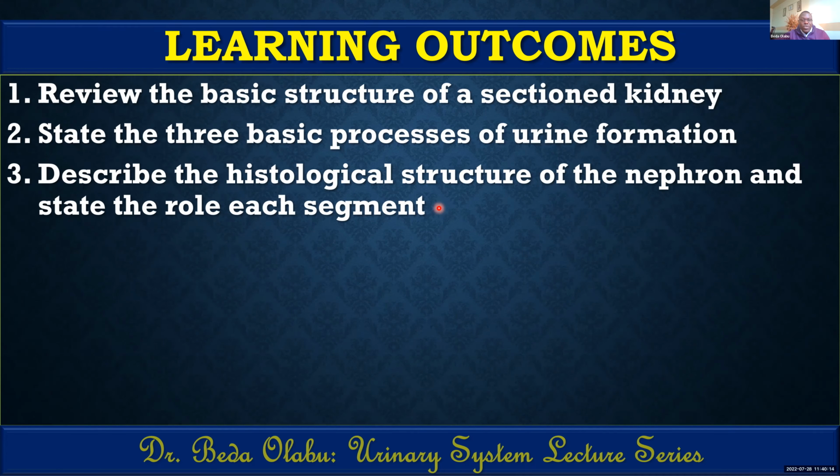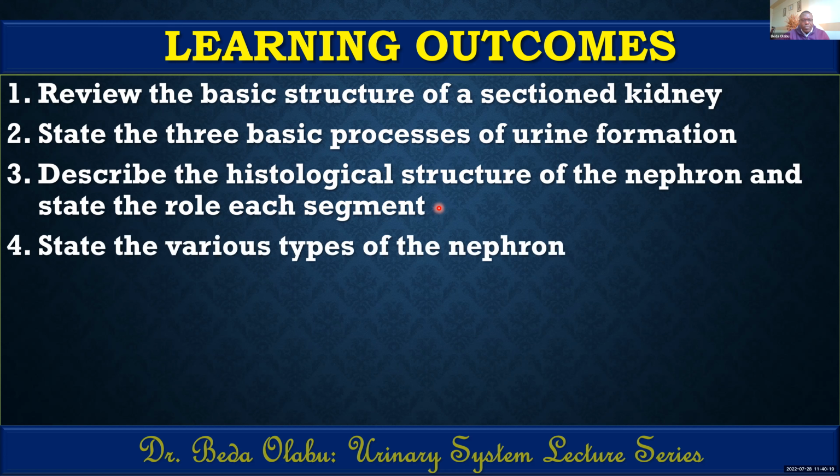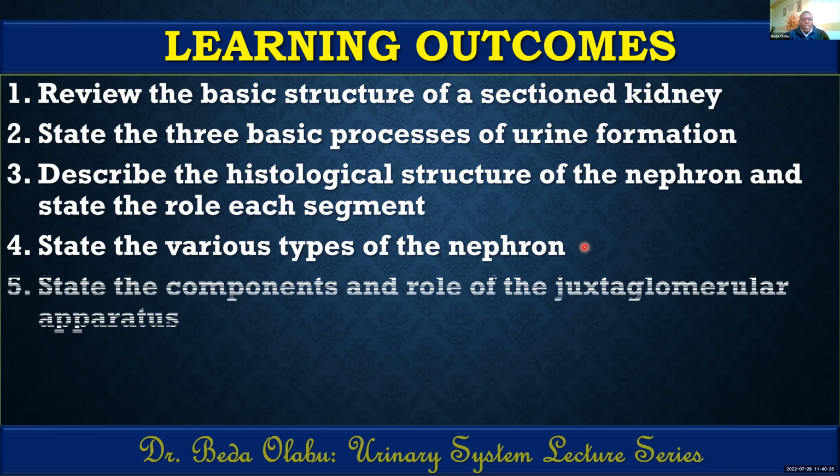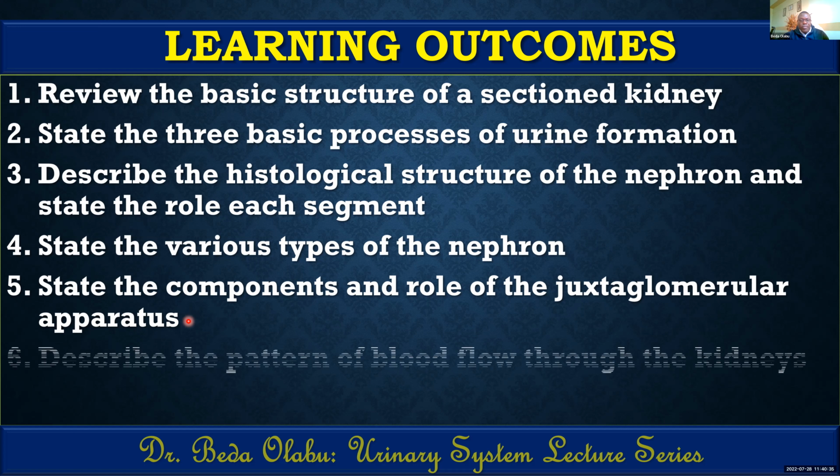While we do that, we'll also look at the specific roles of each of the segments of the nephron. We'll also handle the different types of nephrons that we have. We'll see the differences between them. There's something called the juxtaglomerular apparatus. We will look at the components of the juxtaglomerular apparatus and also state its role.